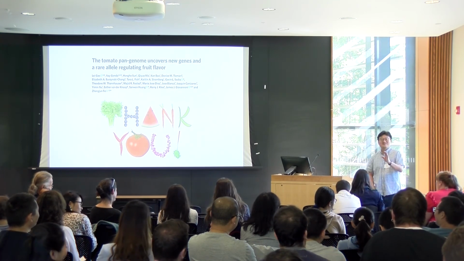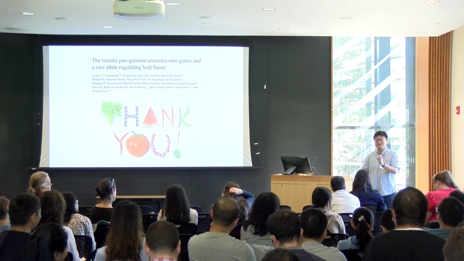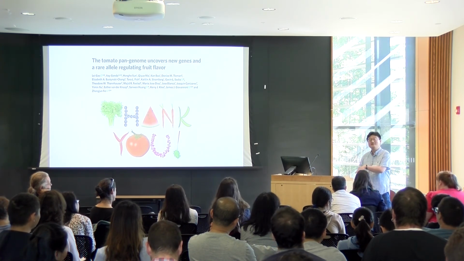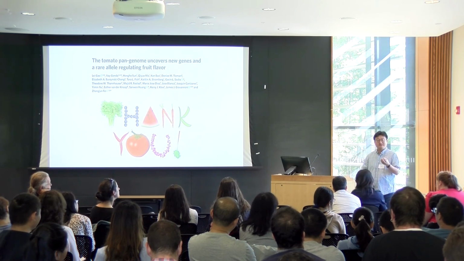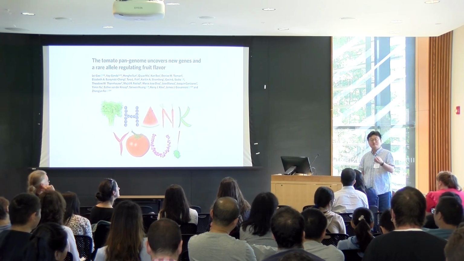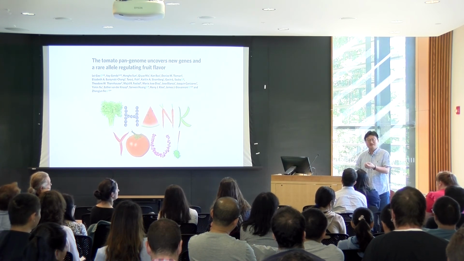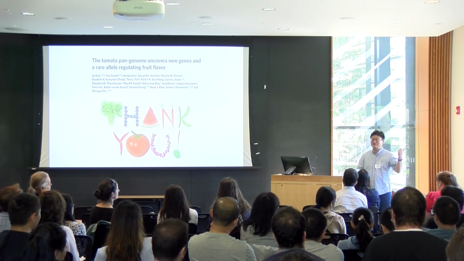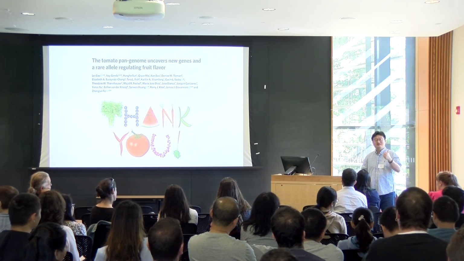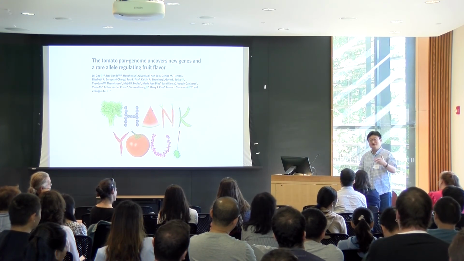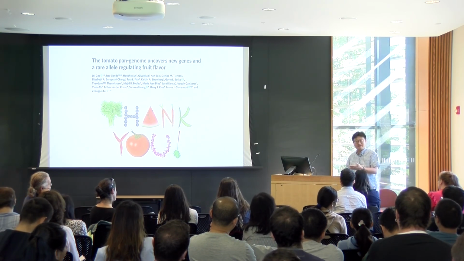When we initiated this tomato genome sequencing project, we wanted to sequence the tomato genome using a BAC-by-BAC sequencing strategy, so we needed a BAC library. Rod Wing's group from the University of Arizona planned to construct a BAC library for tomato.